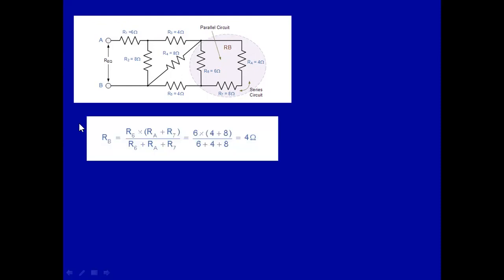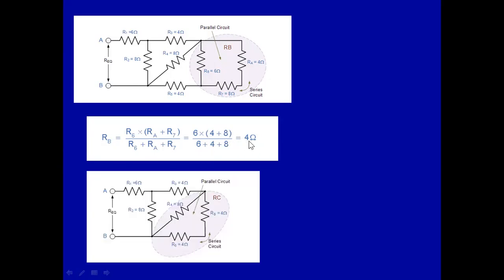Your RB now would be equal to R6, multiply it with the sum of this one, RA plus R7 all over the total resistance over here in the RB. So if we're going to plug in the values, 6 multiply it with 12 all over 12 plus 6, which gives us 4 ohms. Okay.